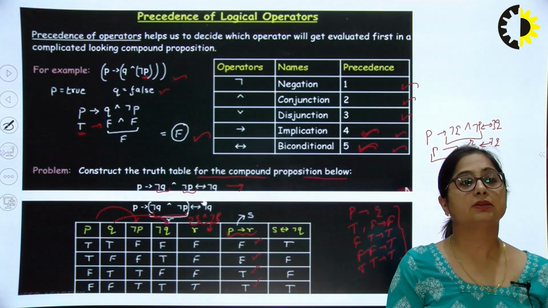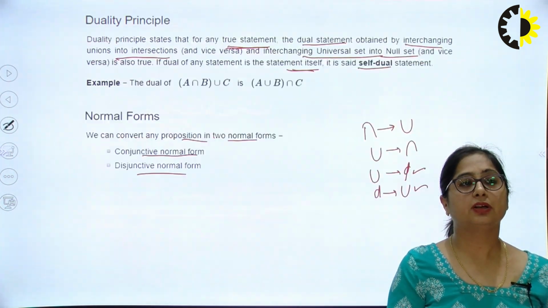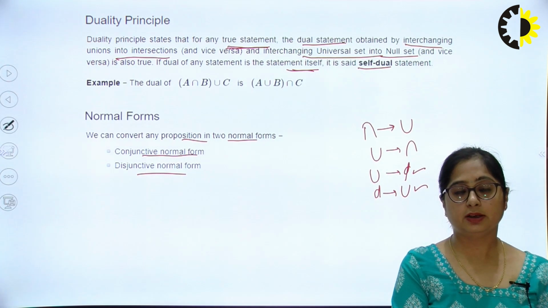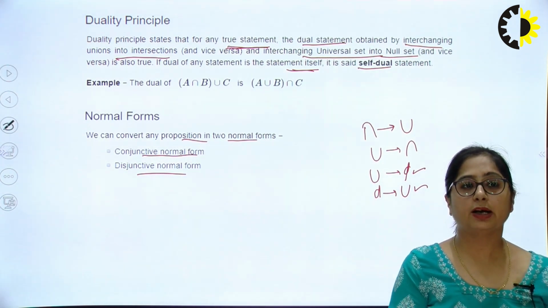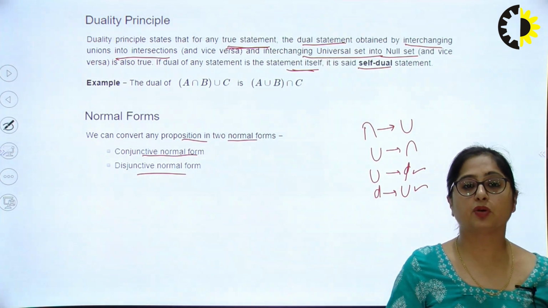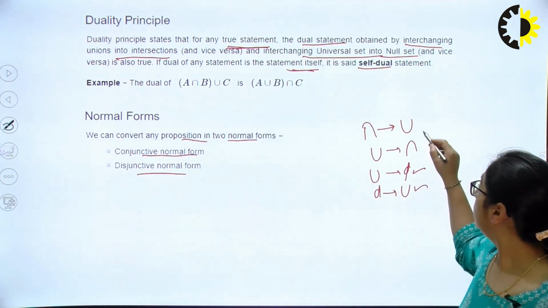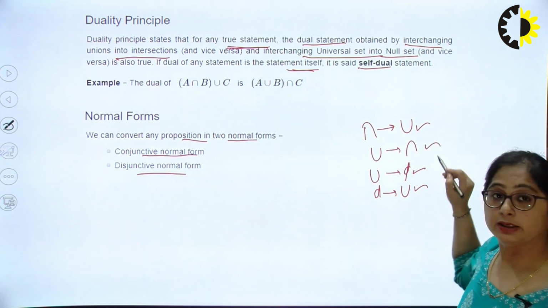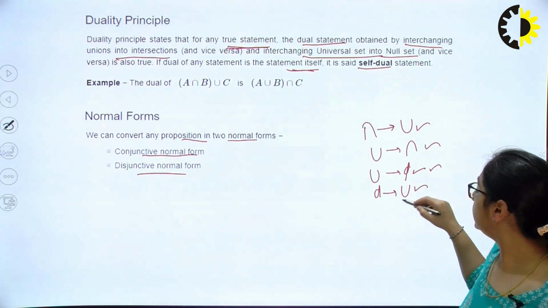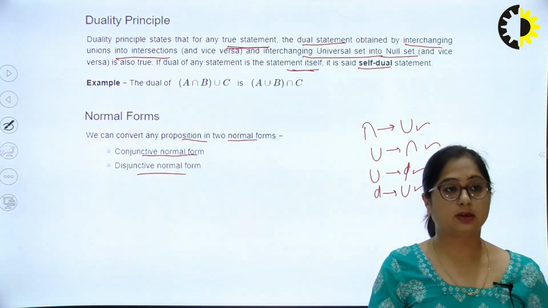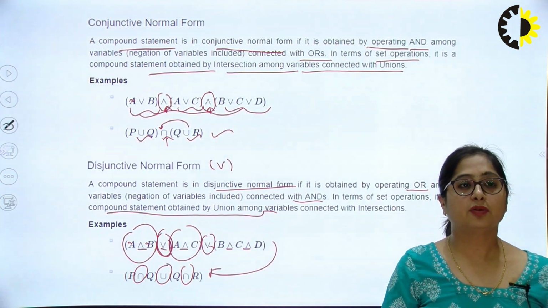So let's discuss. Initially we discussed the duality principle. For any true statement, the dual can be obtained by interchanging intersection to union and union to intersection, universal set to the empty set and empty set to the universal set. Next is conjunctive normal form.